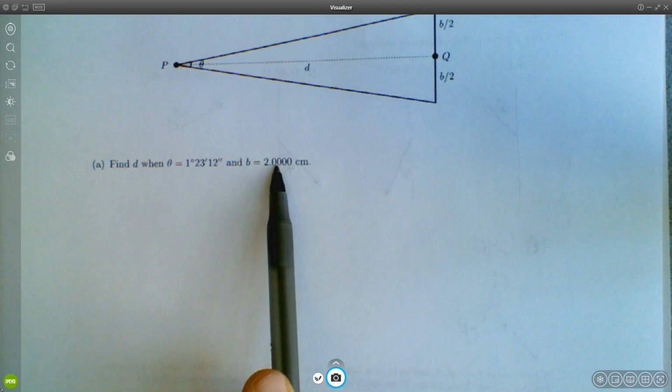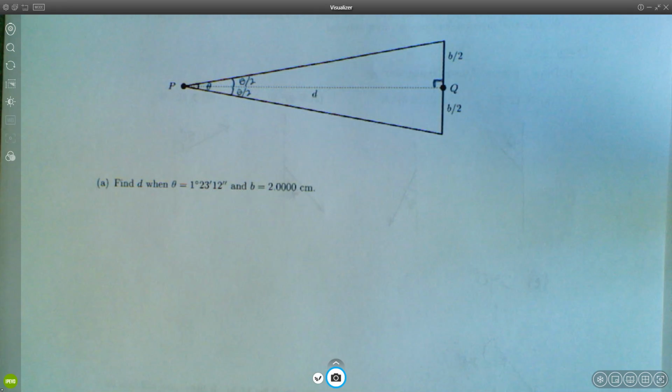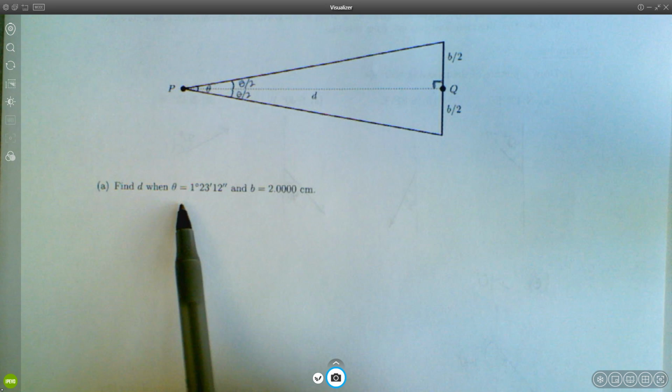So we have this right triangle where we know this side and we know this angle. We should be able to find d. We could say tangent of theta over 2 is b over 2 divided by d, and then solve for d. So let's figure out what theta over 2 is.